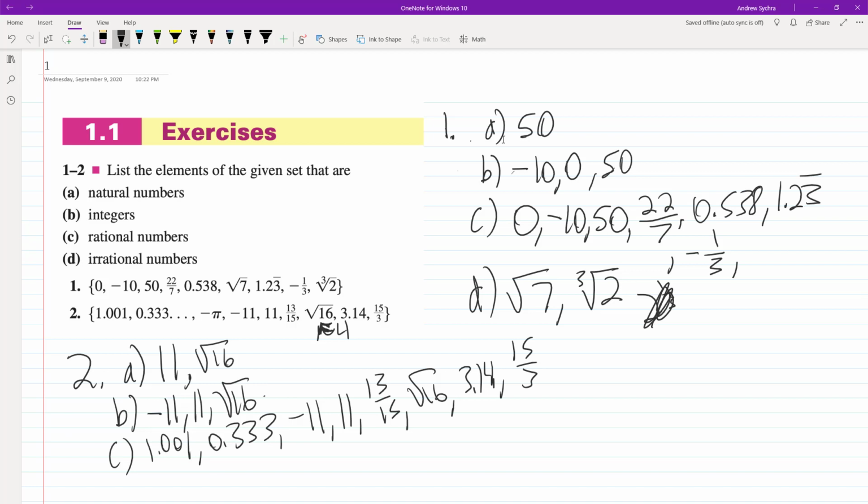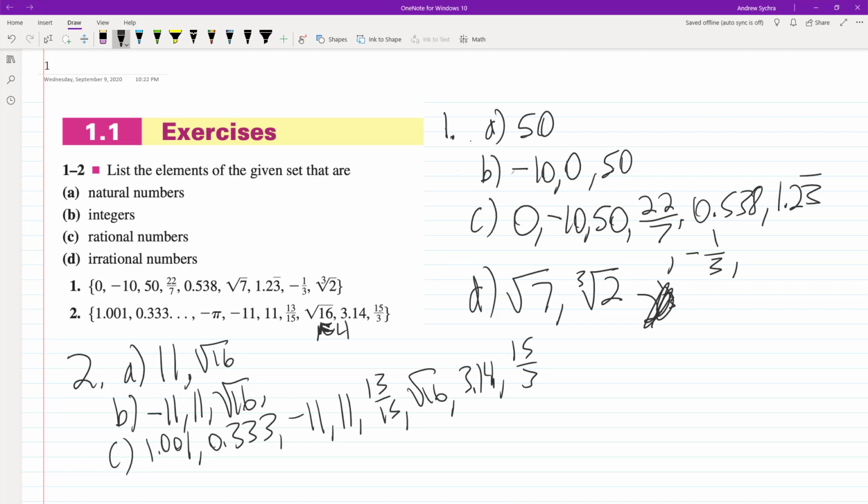And actually, I'm sorry, 15 over 3. It's equal to 5. I don't know why I didn't include that. Yeah, sorry.